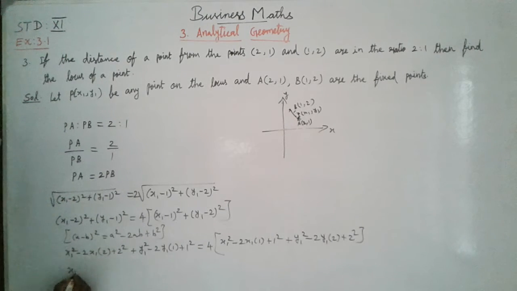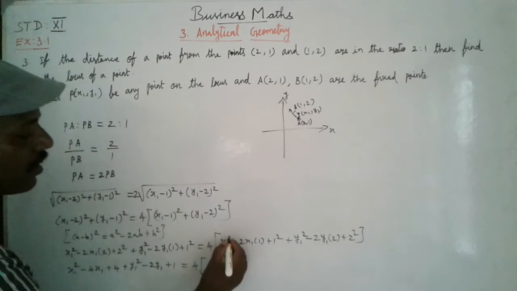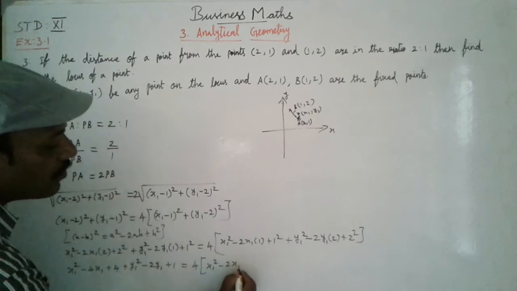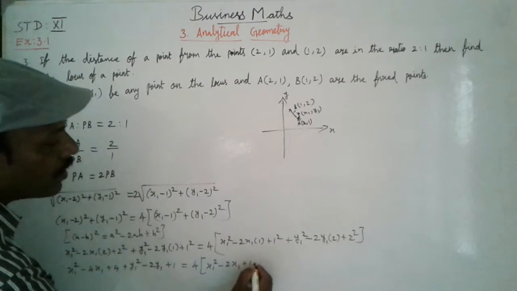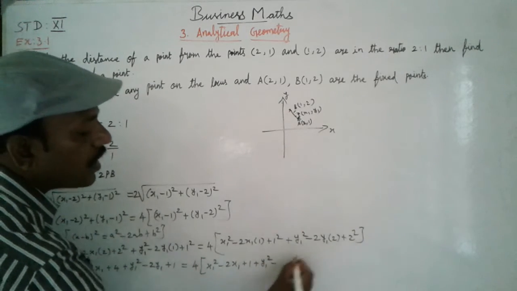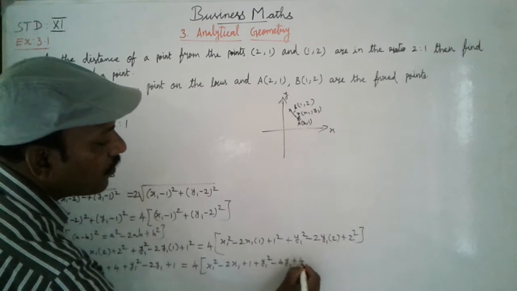So x1 square, 2 2s are 4, minus 4x1 plus 2 square is 4, plus y1 square minus 2 y1 plus 1 square is 1, equal to 4 into x1 square minus 2x1 plus 1, plus y1 square minus 4y1 plus 4.